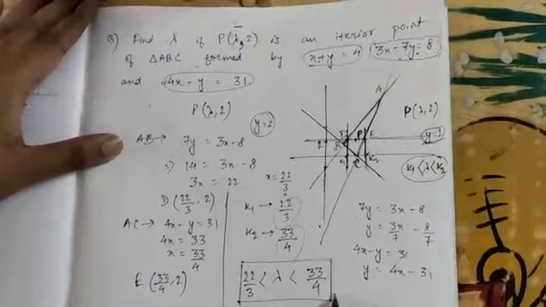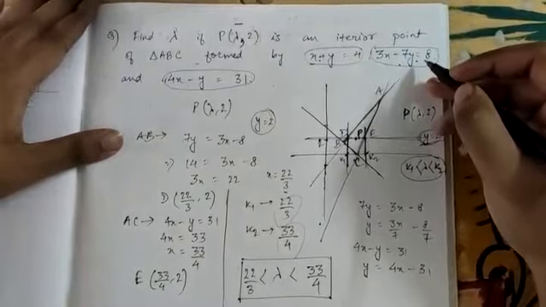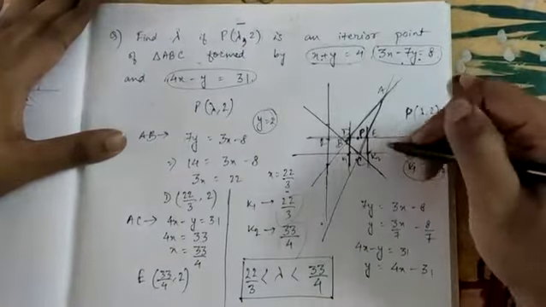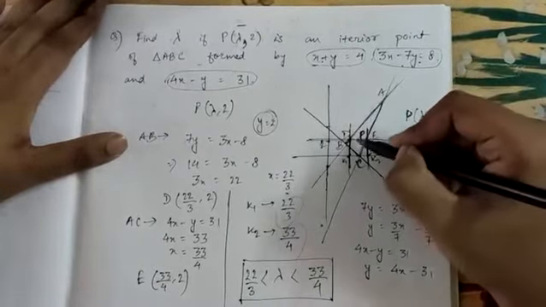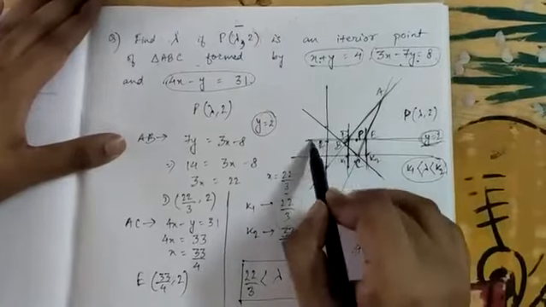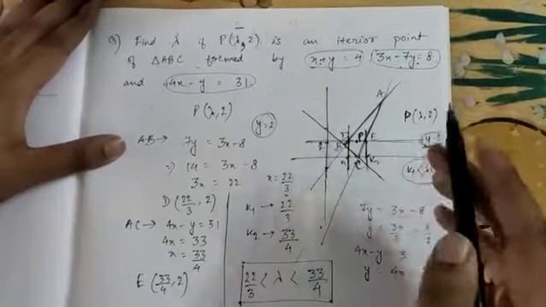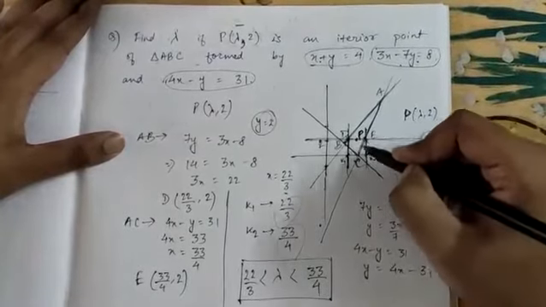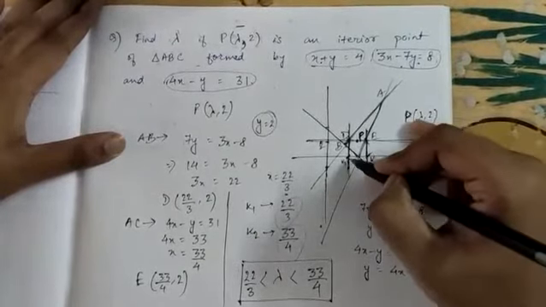So this is the concept. If you have been asked any question in which an arbitrary point is given, which is also mentioned as an interior point of the triangle ABC formed by three given equations of straight lines, and you are asked to find the range between which that arbitrary point can lie so that it becomes an interior point of that triangle, you will have to take a line parallel to the x-axis passing through that given point, and find the points of intersection with the sides of the triangle, and take their corresponding x coordinates.